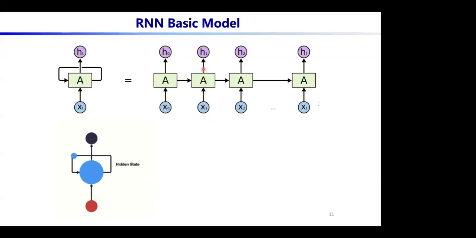And then the second day also creates a second history, and that second history is related to the third one. Not only that, the information should include not only the immediate history, but also the previous history. So that's why there must be some complicated operations within this network A.